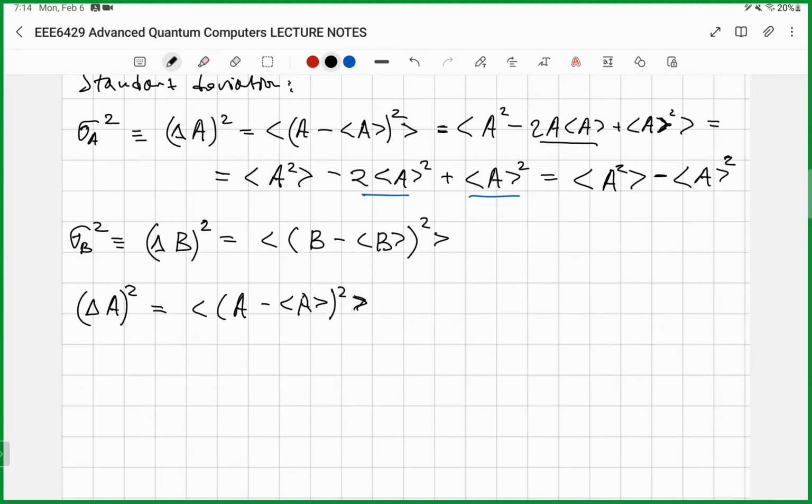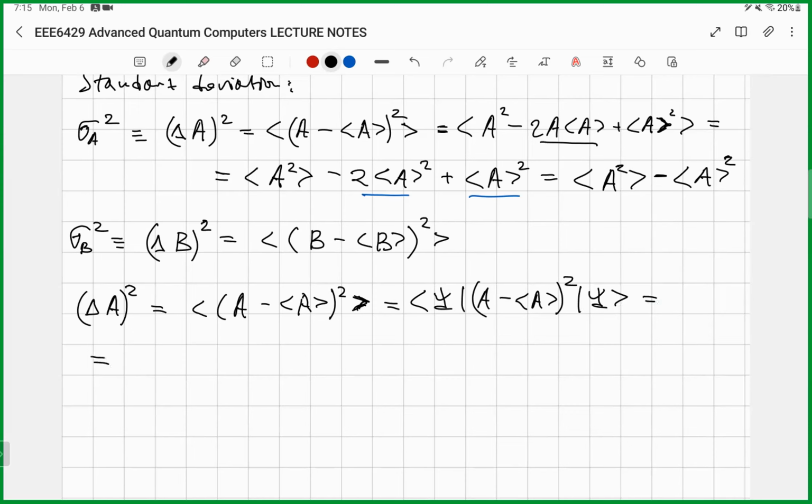And when I find this mean value, this is nothing but finding the matrix element in some arbitrary state psi. So it will be psi here, then A minus the A mean value, squared, psi. Very good.